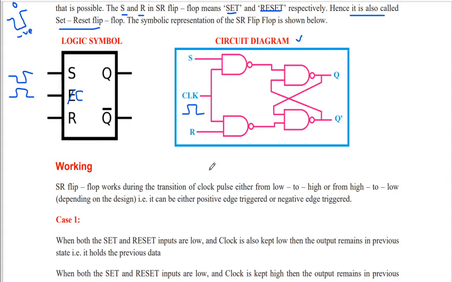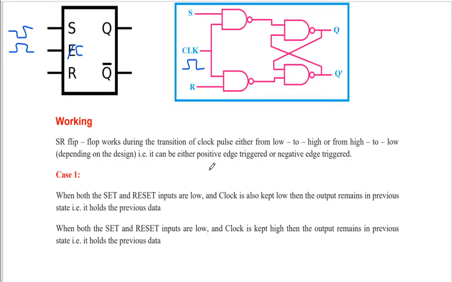Now let us move on to the working of an SR flip flop. The SR flip flop works during the transition of the clock pulse, either from low to high or from high to low. Either from low to high, that is from 0 to 1, we call it a positive edge, or from high to low, that is a negative edge, depending upon what kind of design you have.